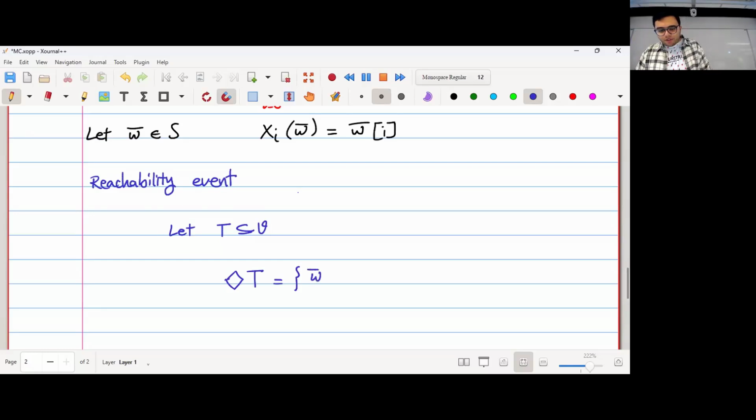This is the set of all infinite walks such that there exists some index I such that my walk at index I is in T. So I have this set. Of course, it's a subset of my sample space because it's a set of infinite walks, right? But why is this set an event? Why is it measurable?